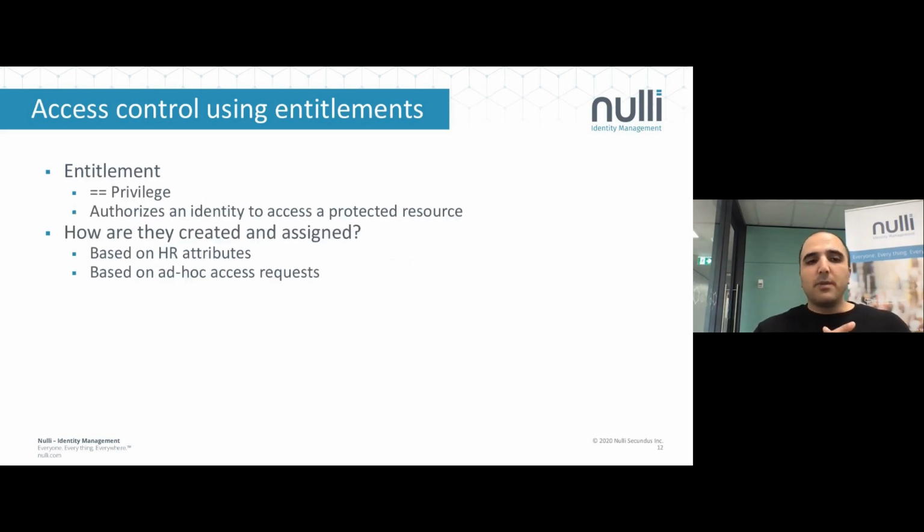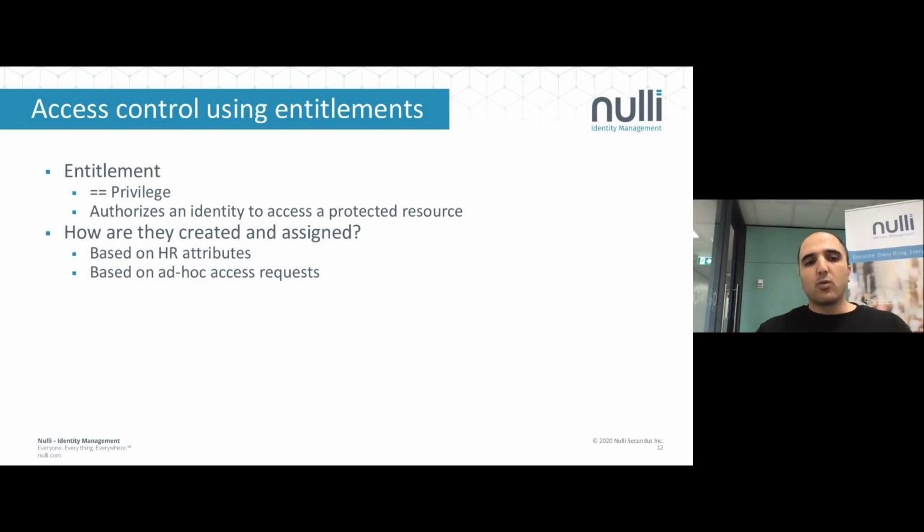In an entitlement-based access management system, entitlements are basically privileges. You give an entitlement to a user to authorize them to access a protected resource. Now the question is, how are these entitlements created and assigned?